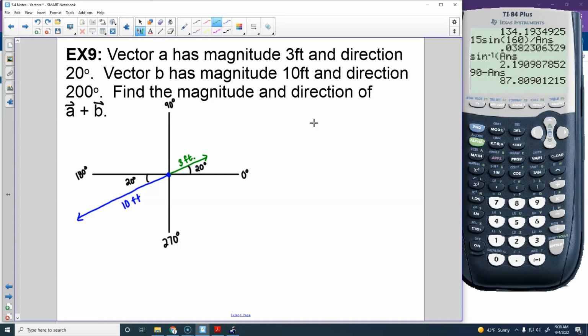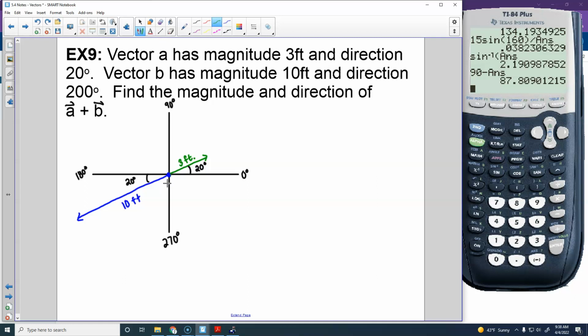So can we draw a triangle for this? That would be impossible for us to do, right? Because it's a straight line. We can't connect endpoints. We can't make a parallelogram. We just have opposite forces here. This would be like a plane flying north and a wind blowing south, right? So they're just opposite each other.